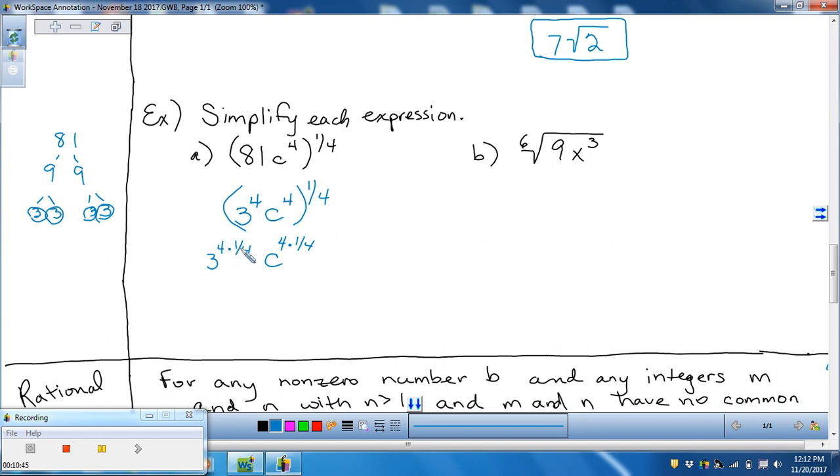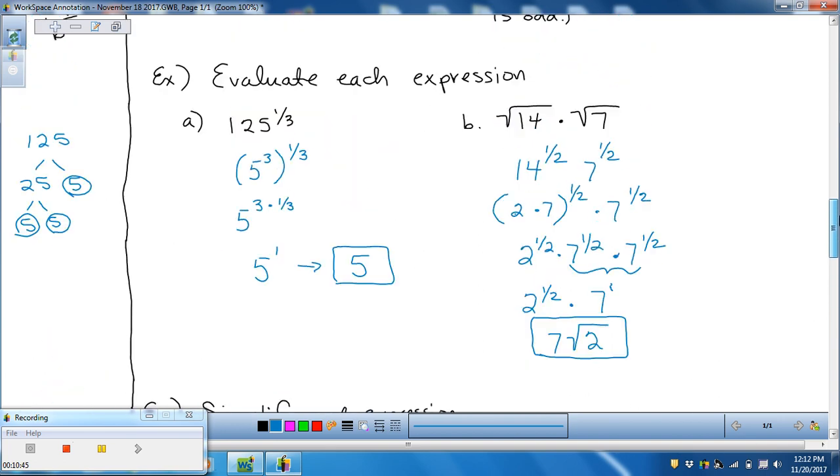And on both of these, 4 times a 4th is equal to 1, so we end up with 3 to the 1st times c to the 1st, or just c. Now this c to the 4th times the 1/4 power, we're going to need to take the absolute value of it, because we need to ensure that whatever this number is comes out positive, because of our rule up here at the top.